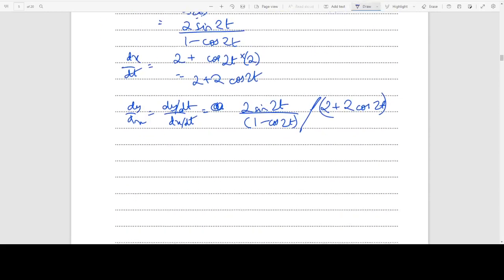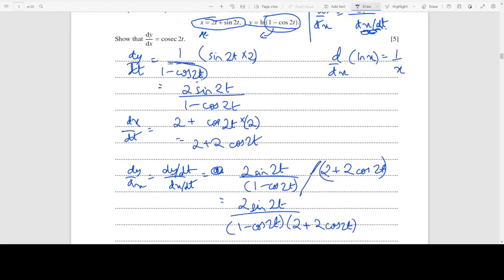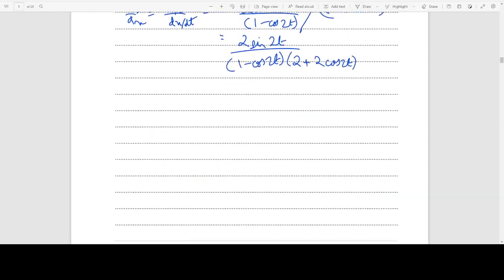So now we just have to solve this, and we somehow have to get dy/dx is cosec 2t, which is 1 upon sine 2t. So let's solve this trigonometric expression.